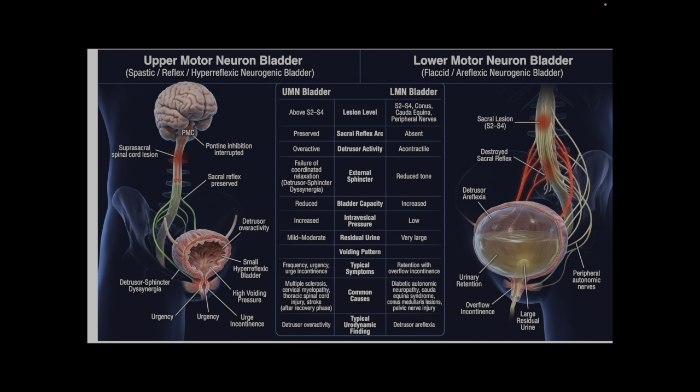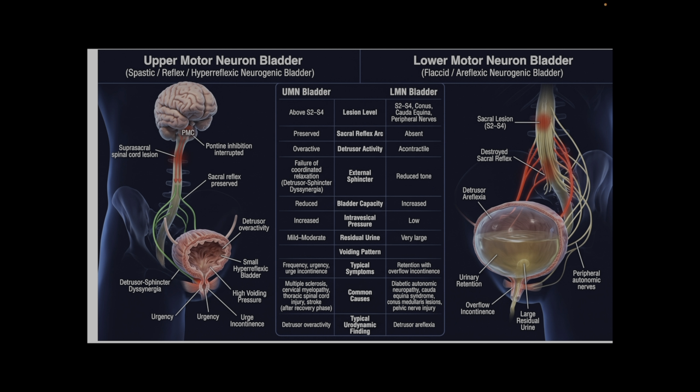The sacral maturation center, located in spinal segments S2 to S4, receives descending input from the pontine maturation center and integrates parasympathetic outflow to the bladder. This has been explained in another video.